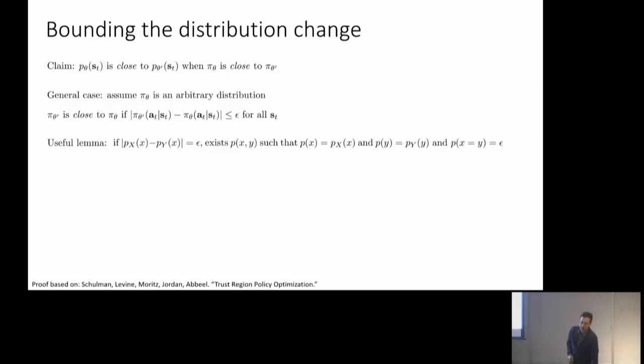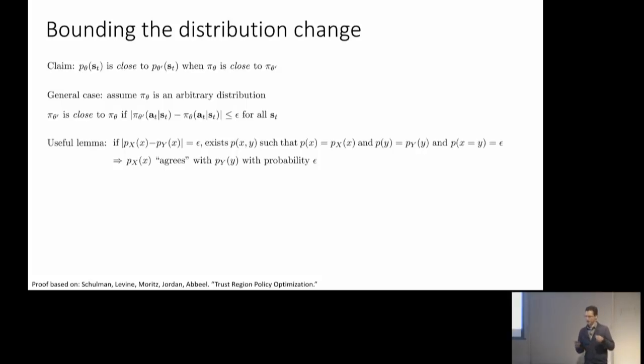So if one of my distributions outputs x and the other outputs y, they have some joint distribution, and the probability they'll output the same thing is equal to epsilon if their total variation divergence, when I apply them to the same variable, is equal to epsilon. Which is just a fancy way of saying that if I use the same random seed for both, they'll agree with probability epsilon.